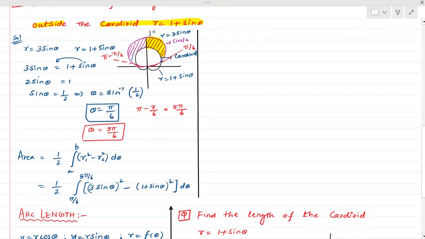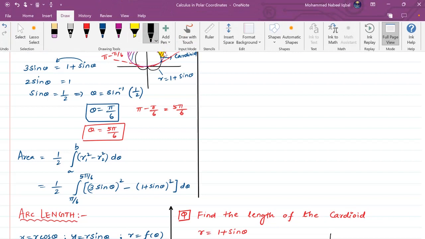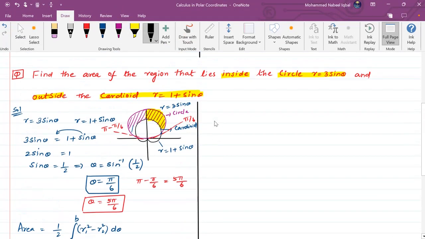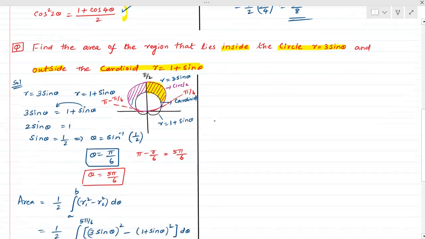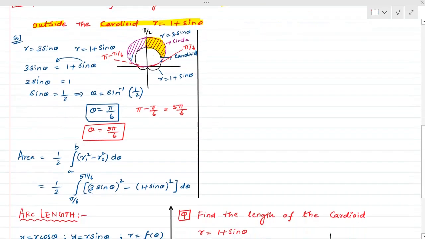If you want to calculate only this part, the theta will go up to pi over 2, and it is multiplied by 2. So I will take pi over 6 to pi over 2 and multiply this with 2. If you want to calculate the full area, no problem, you can do it directly. No issue. So I will calculate only the half part.